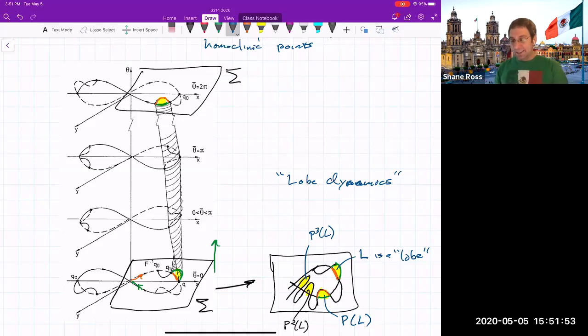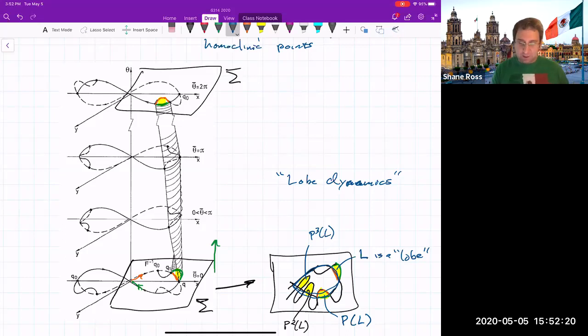So the area of this lobe and all of its future iterates must have the same area. But there's only so much area inside this region, this kind of region inside the well. So that means after a while, these skinny yellow things will become very elongated, and eventually leave the region.